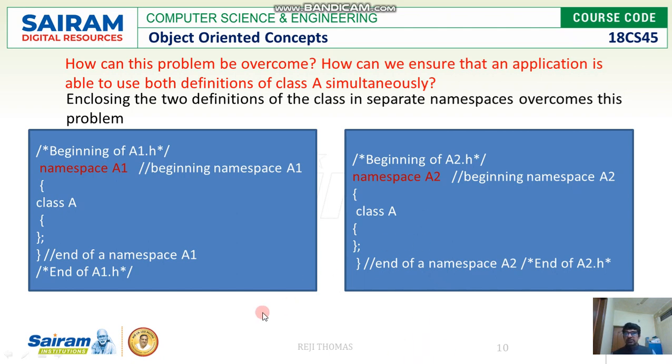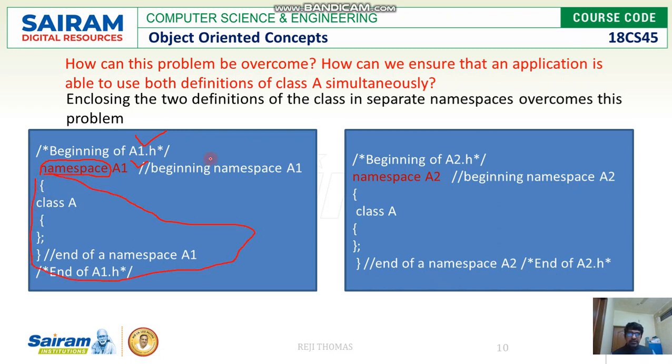Let us see the first program, what changes we have made in the header file a1.h, where we prefixed the class with the keyword namespace and a name for it, which we named a1. We call it naming the namespace a1, and the rest everything is the same. There are no changes in this.